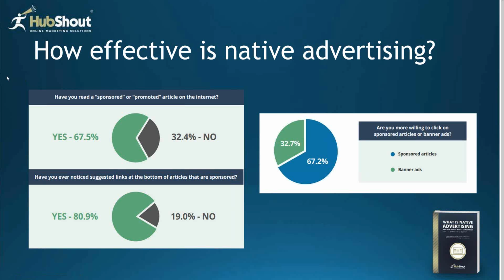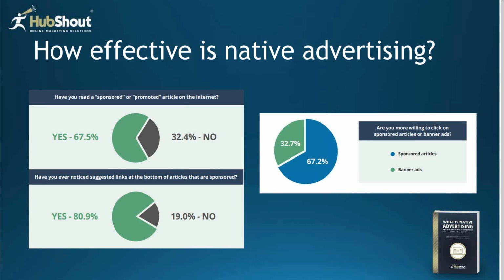So in terms of answering the question of how effective is native advertising, very interesting results here. Have you read a sponsored or promoted article on the internet? 67.5% said yes, and 80% of people said that they had noticed suggested links at the bottom of articles that are sponsored.